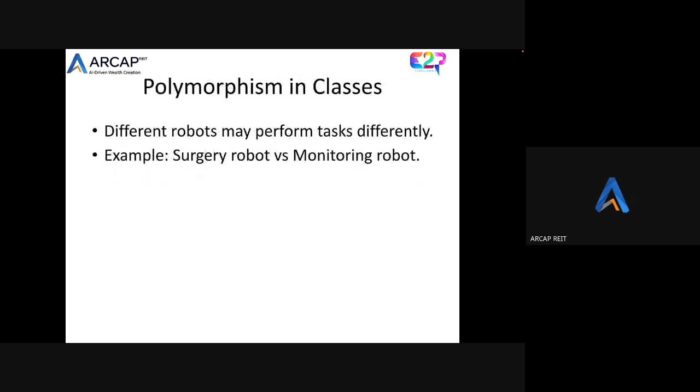In this scenario, based on the signature, or based on the attributes we are sending, we write different functions in this particular class. That we call polymorphism in classes.